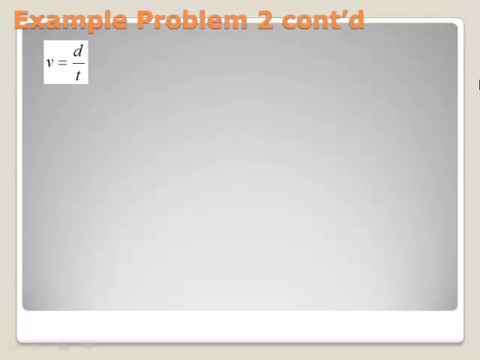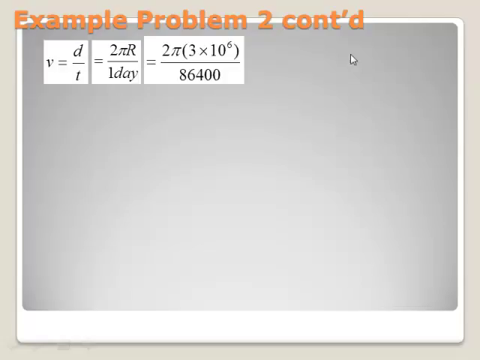The time for one rotation is 1 day, or 24 hours. So this right here is the circumference, that's 1 day. And then this is the radius of the planet, and this is 1 day converted into seconds. So the speed of the rotation of that planet is equal to this number right here.